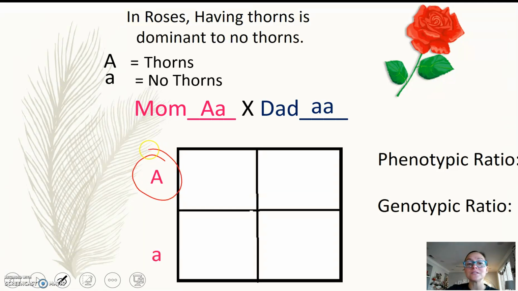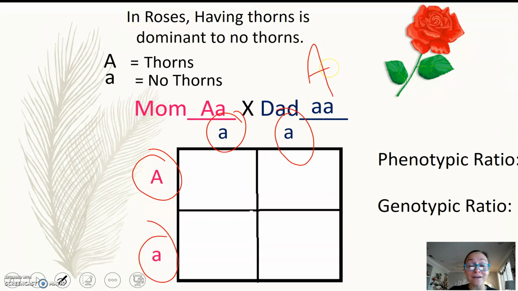Half her gametes will have a dominant allele, and half her gametes will have a recessive allele because of Mendel's law of segregation. Now, in the dad, all of his gametes have the recessive allele. He does not have any dominant alleles, so he will only contribute recessive alleles to his offspring.